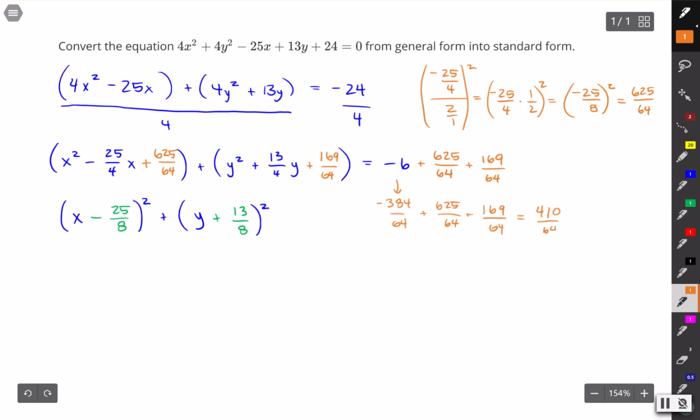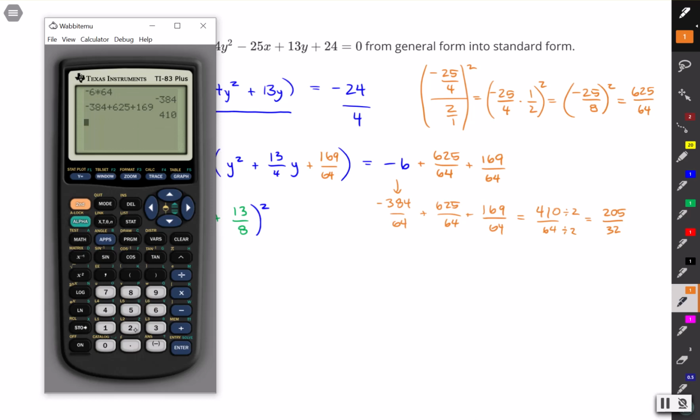So 410 over 64. And that's really a fine answer, but you should always give simplified fractions whenever you can. And I definitely see that the numerator and denominator could be divided by 2. I don't know if that's the largest number that would go into them, but that would be 205 over 32. 32 is a power of 2, so its factors are only 2, so 205 has to have a factor of 2 in it, and I don't think it's going to have any.